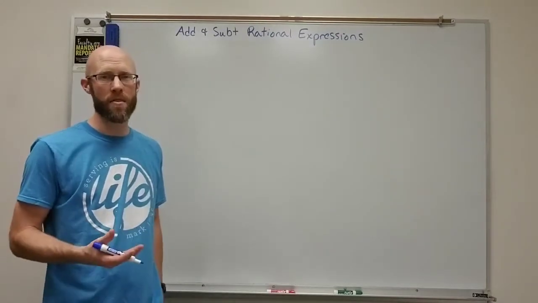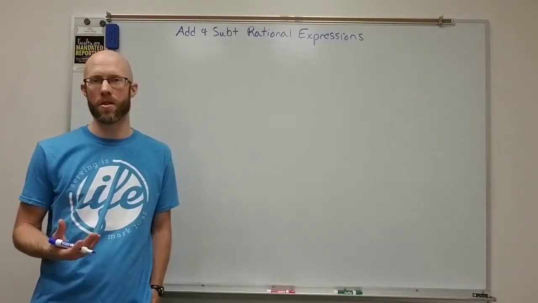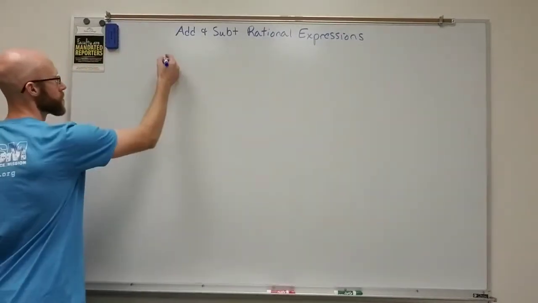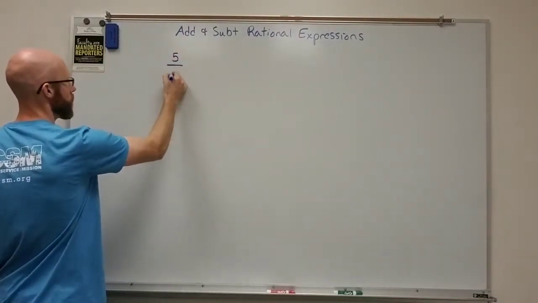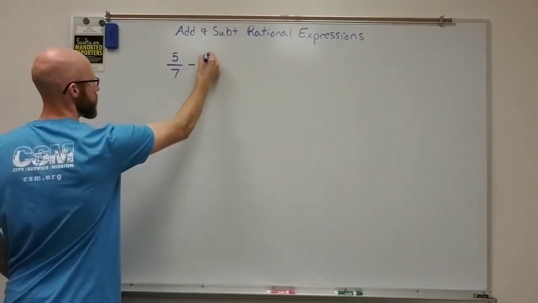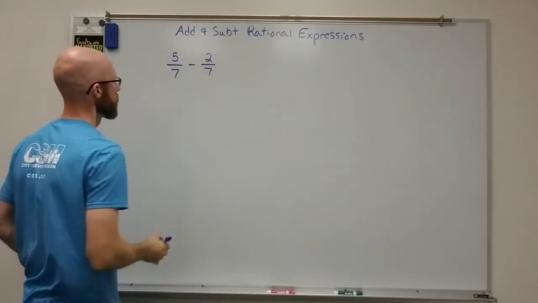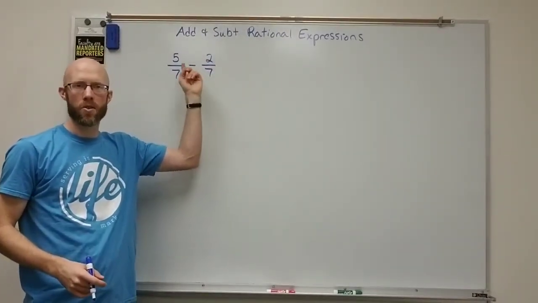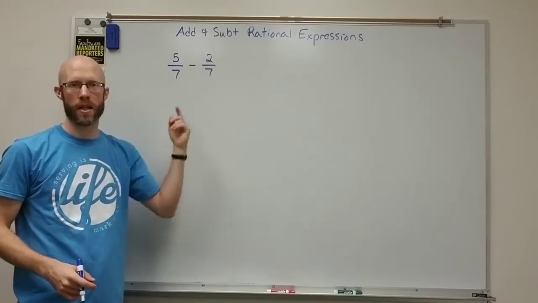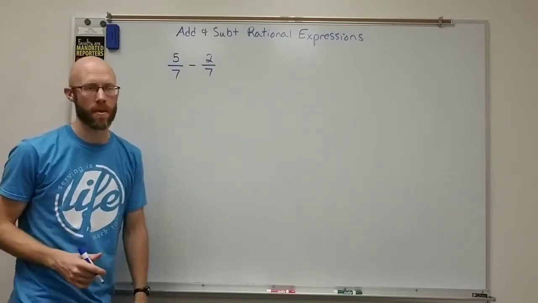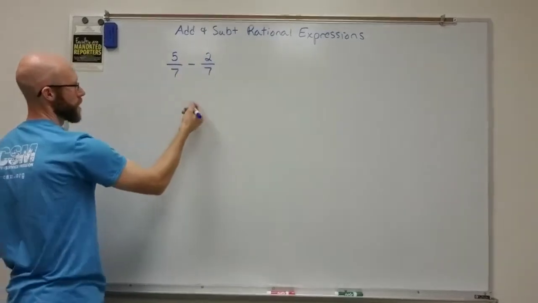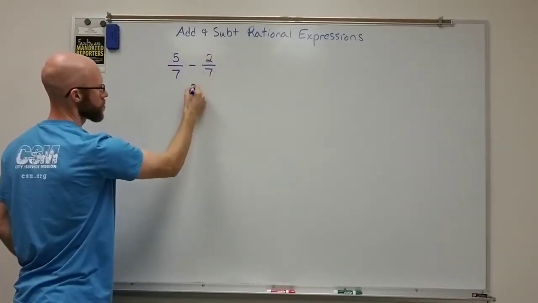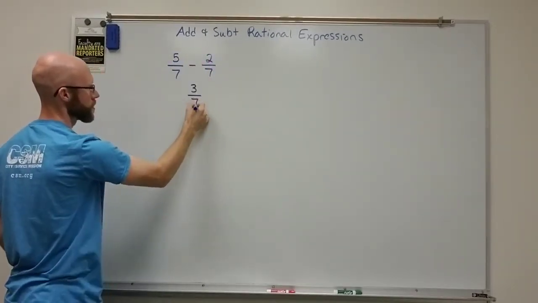First of all, if you have a common denominator, it's very simple to add fractions. Or if you have something like 5/7 minus 2/7, when you're adding or subtracting, as long as the denominators are the same, you simply combine the numerators and leave the denominators the same. So you would have 5 minus 2 is 3, and the 7 stays on the bottom.